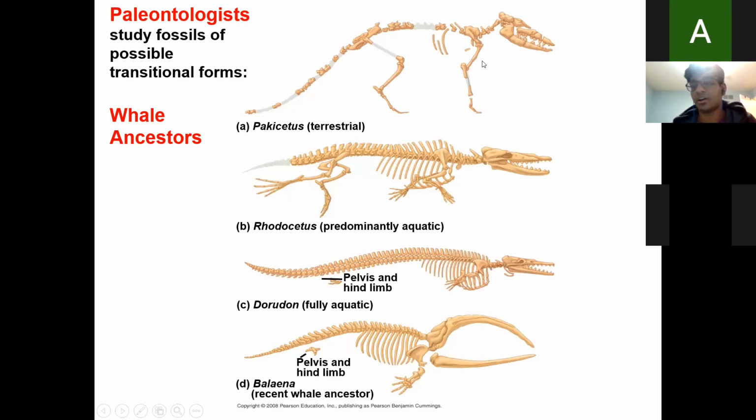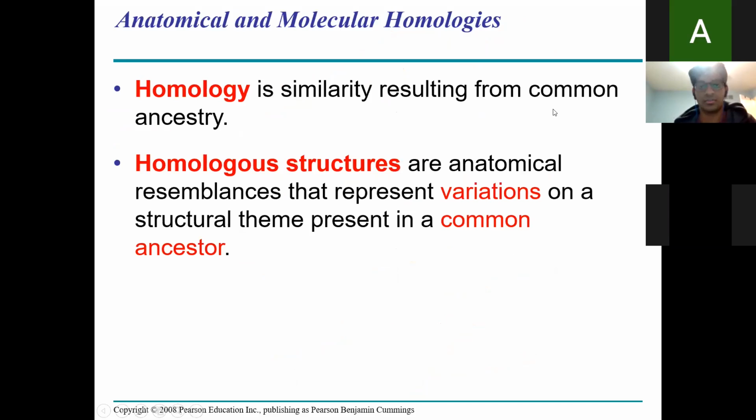You start with a terrestrial mammal, and then gradually the limbs get smaller and become more like fins, and so on, and eventually you get a whale. This develops over the course of millions and millions of years. Geologically, it's not an incredibly long process, but for us looking at it, it's very, very long.